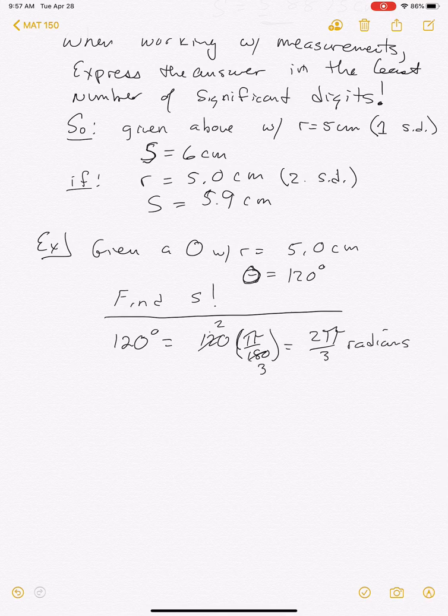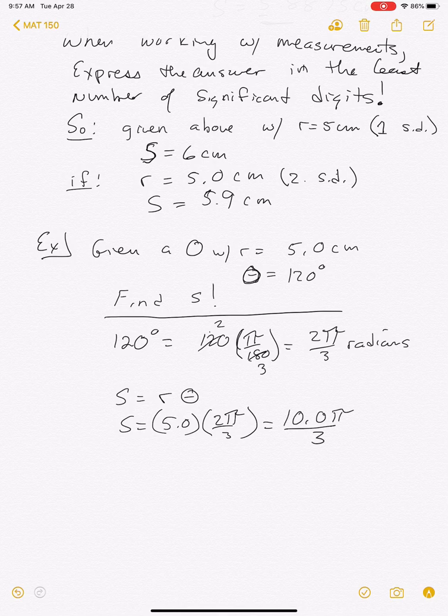So now I can do S equals R theta, 5.0 centimeters times 2 pi over 3, which is equal to 10.0 pi over 3.